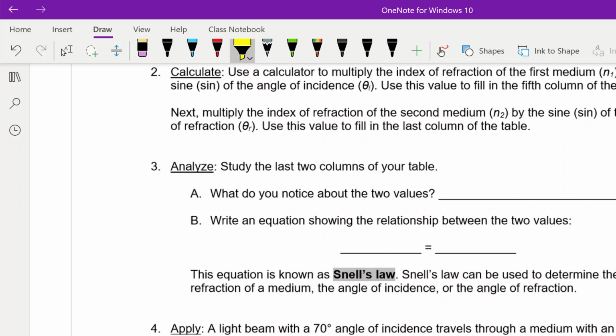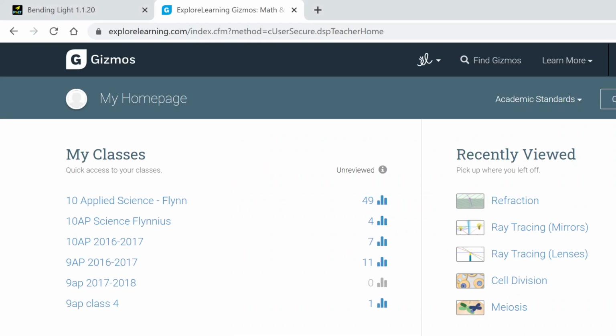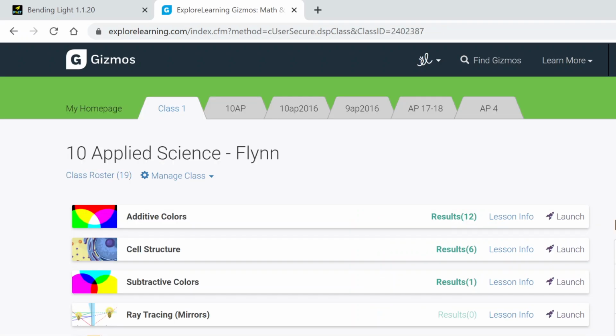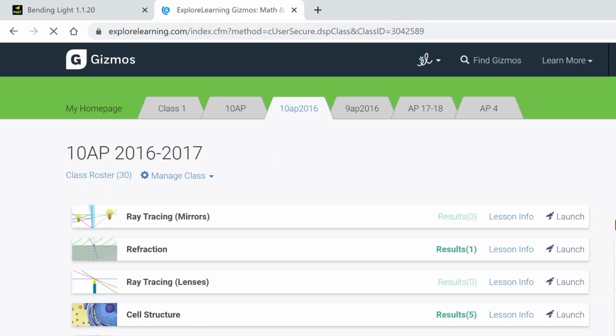Now, if you're curious and you want to see what it looks like, here you see your list of gizmos. First you click on the class. You don't have to click on the class because it'll log you into the class. This time you're going to pick refraction.